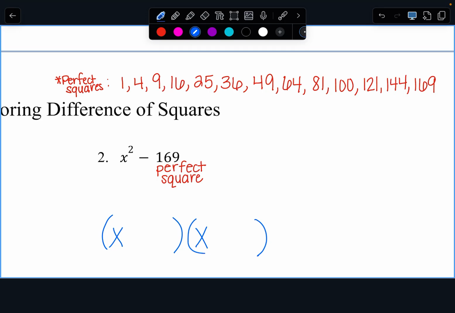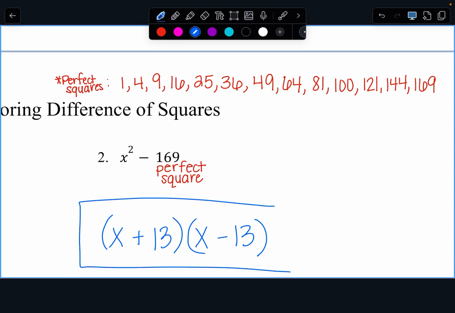To get 169, that is 13 times 13. But to get those middle terms to cancel, one is plus, one is minus. So again, this is a very special factoring pattern. Okay?